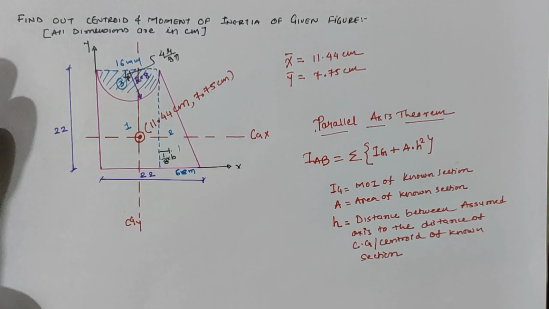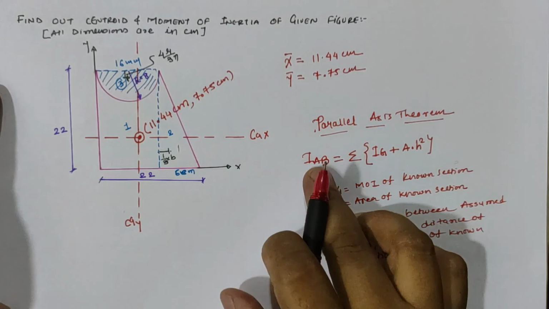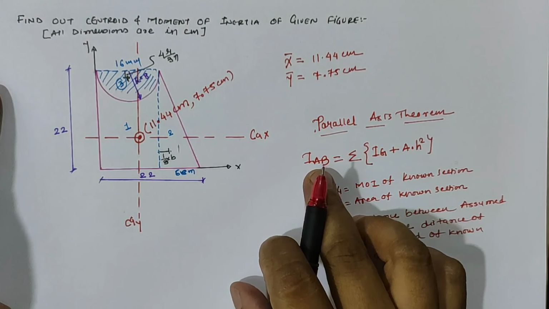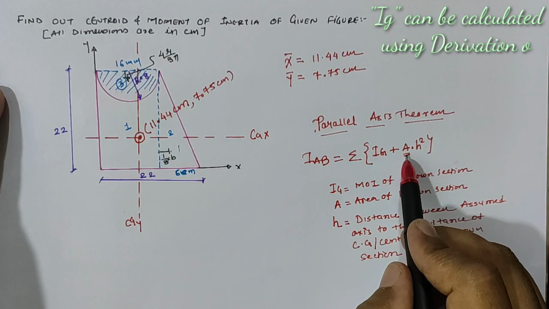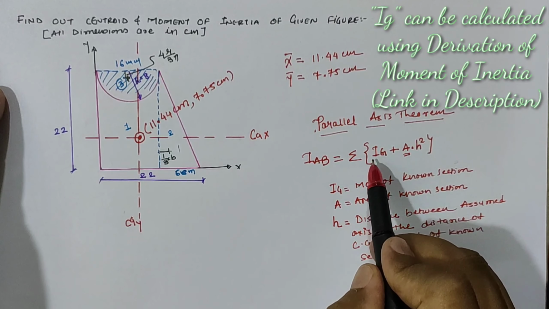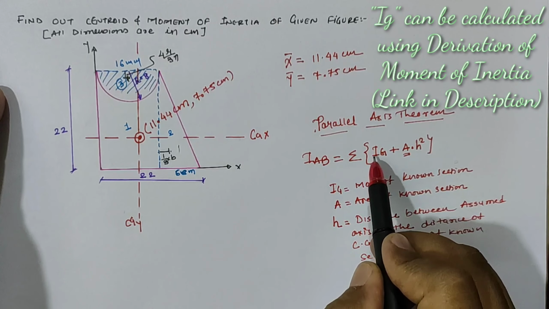So let us calculate the value: Iab is equal to sigma Ig plus A h square. Now first of all, for the value of A, we have all the areas in the tabular form, as well as Ig, meaning the moment of inertia of the rectangular section, as we derived, bd cube by 12.